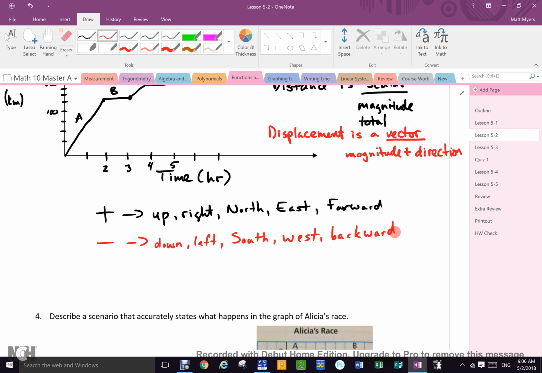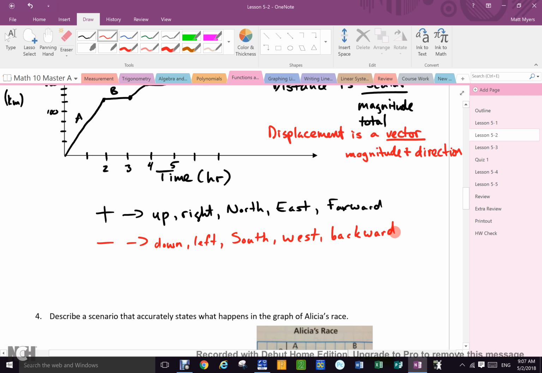What is my distance traveled? 12. What is my displacement? 0. Because I went 6 negatives, then 6 positives. Do you understand? So basically, it's impossible to have negative distance because you're always going up distance. Yes. Distance is always going up because it's scalar.